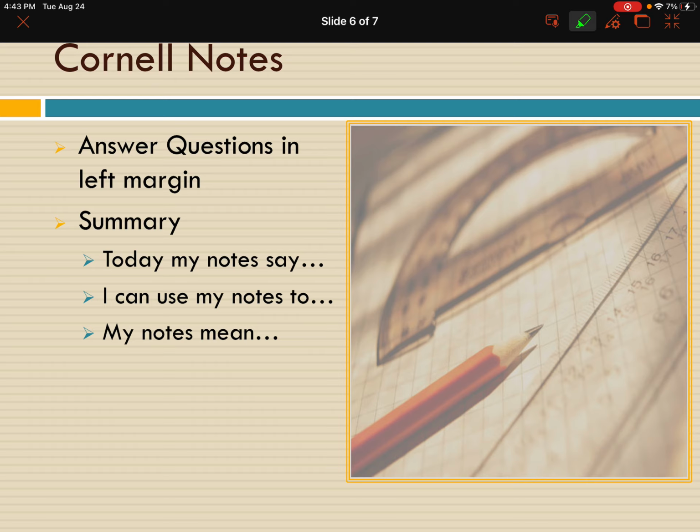A line does not have any endpoints. In fact, a line has arrows that point in opposite directions that go on and on and on forever. If there is no beginning of a line and no end, then how in the world are you supposed to find the middle? All right? It is a trick question. Can you find the midpoint of a line? No. You can only find the midpoint of a segment.